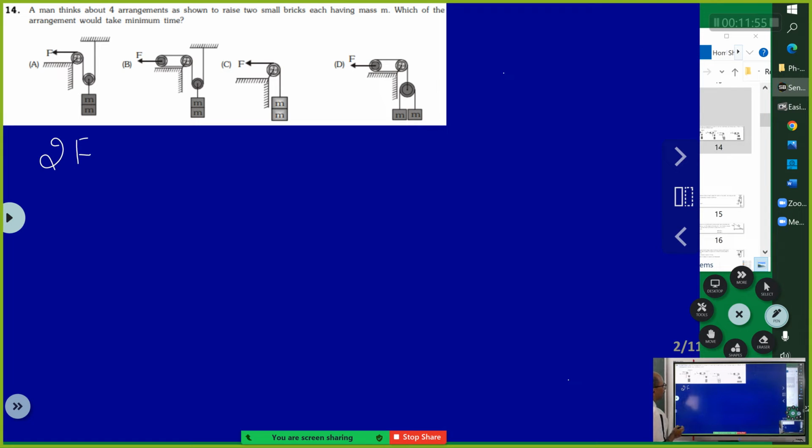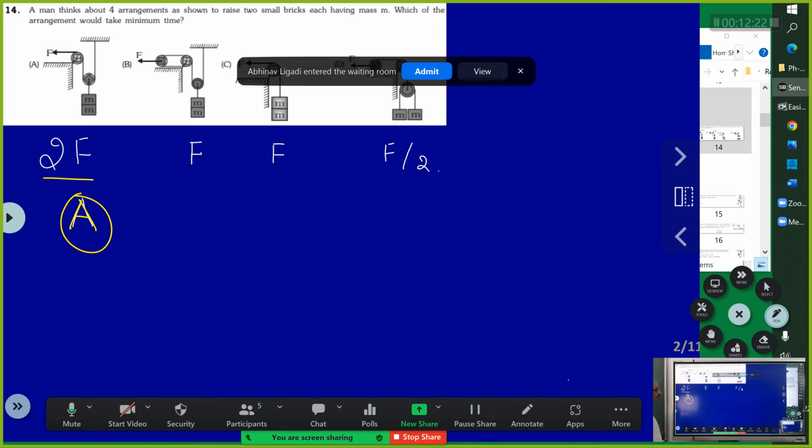And in this case, F is divided into F by 2, F by 2, and therefore for this the net force is going to be F. And here again the net force is going to be F. And here again it is going to be F by 2 in this case. Whichever force is more, so this force is more, so the option is A.